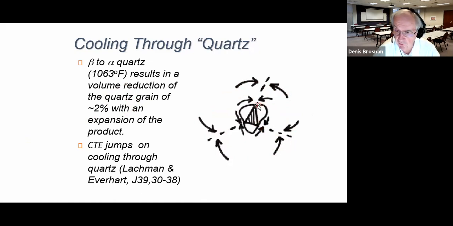Now it's attached to the vitrified matrix at certain points, and when it shrinks, it pulls on that vitrified matrix, and so the cooling through the quartz can cause cracking to occur, micro cracking. Well, if there's sufficient amount of cracking, we're going to reduce the strength of the product.